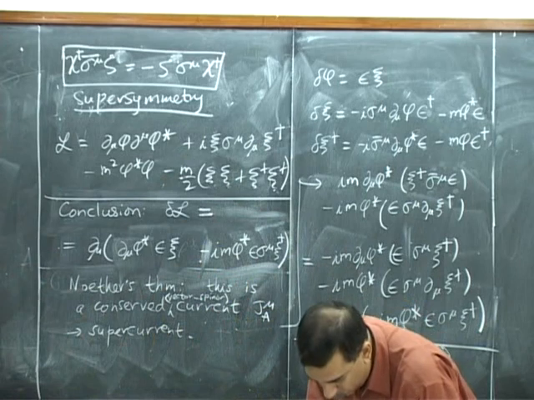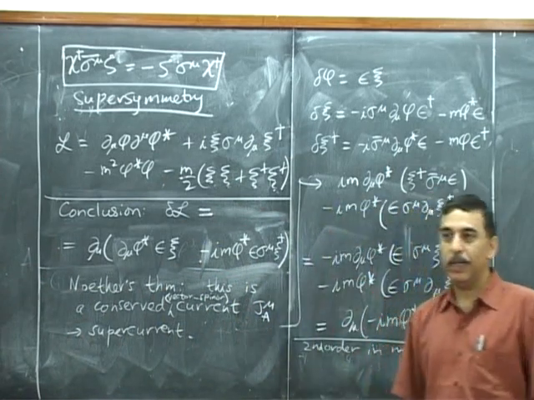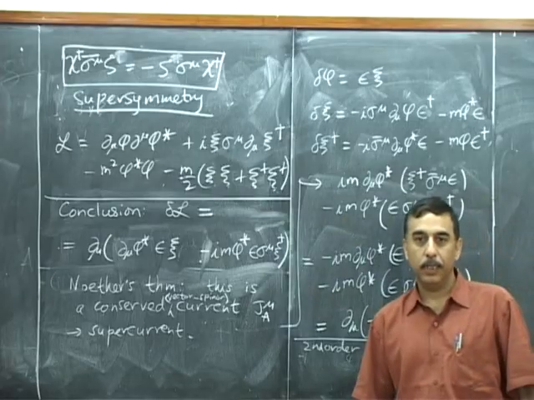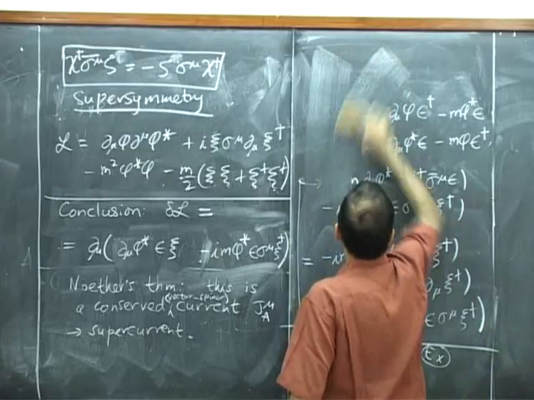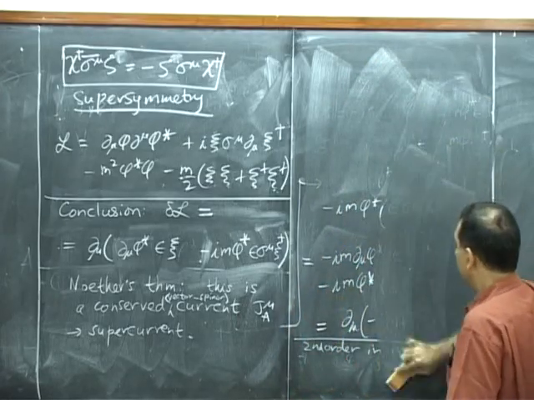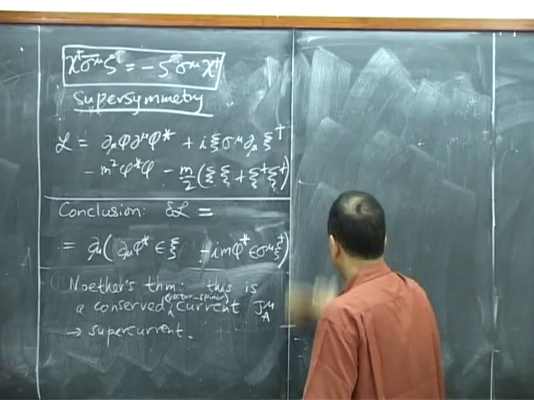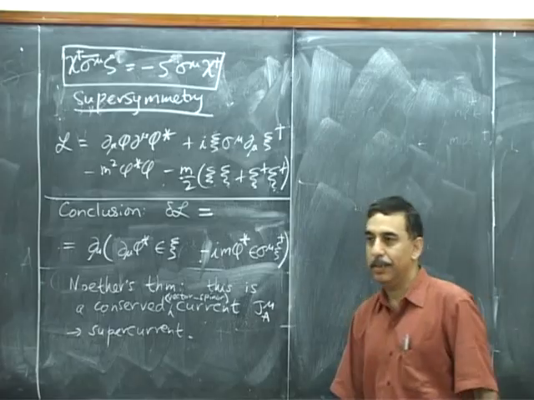Okay. Now, this is great, except that it's only a statement about a very uninteresting free field theory. So what are we going to do with it? Well, if we really want to extend this symmetry to more general, interacting theories, then we need a formalism in which the symmetry is manifest.